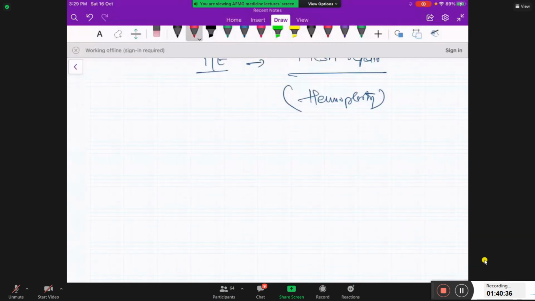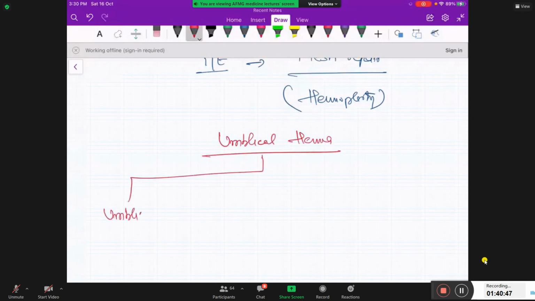Then comes umbilical hernia. Now, in umbilical hernia, there are two things. There is an umbilical hernia of infant and there is an umbilical hernia in an adult.